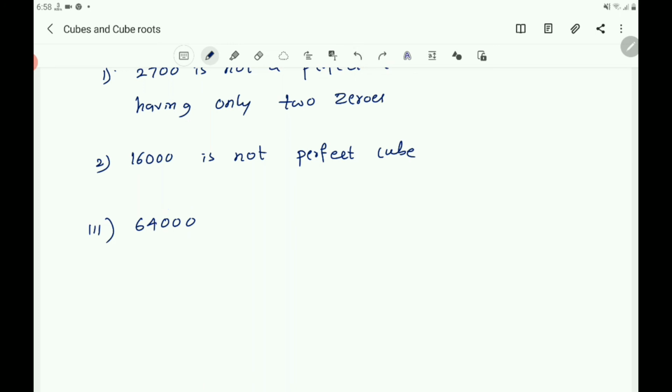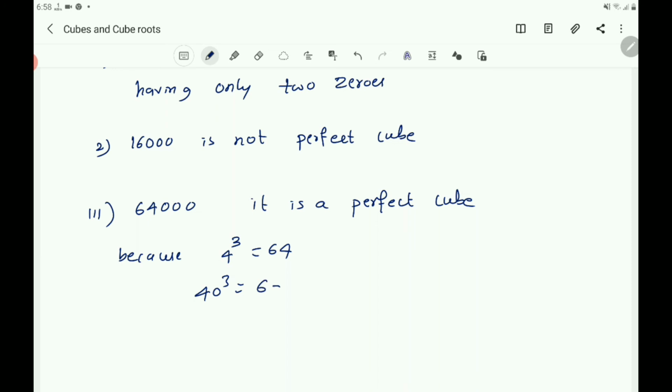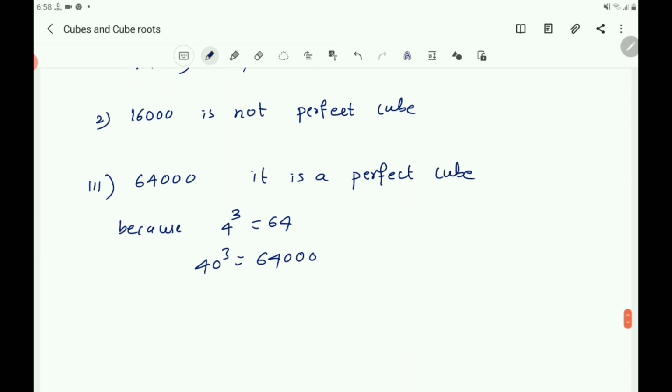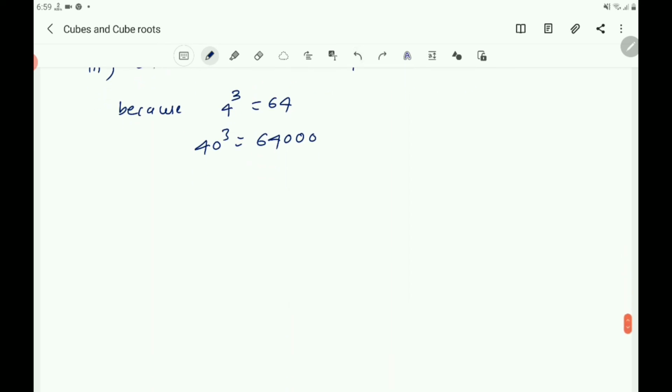So you can conclude that 64,000 is a perfect cube, because 4 cube equals 64 and 40 cube equals 64,000. Here it is having one 0, its cube is having three 0s, and 4 cube is 64. In this way you can discuss here.